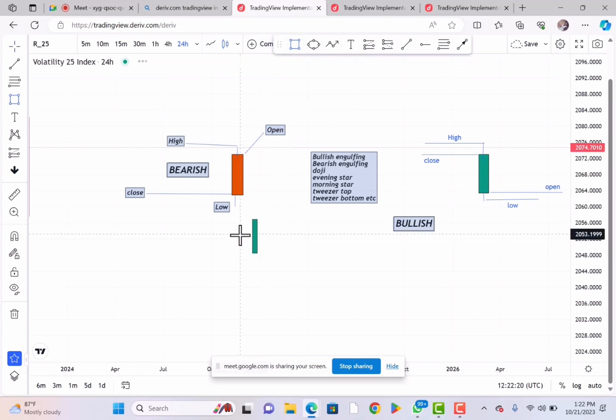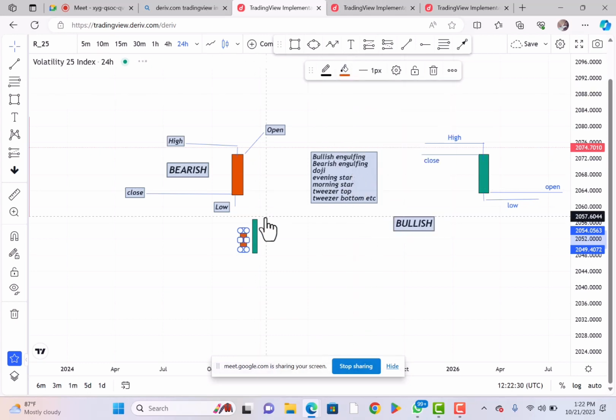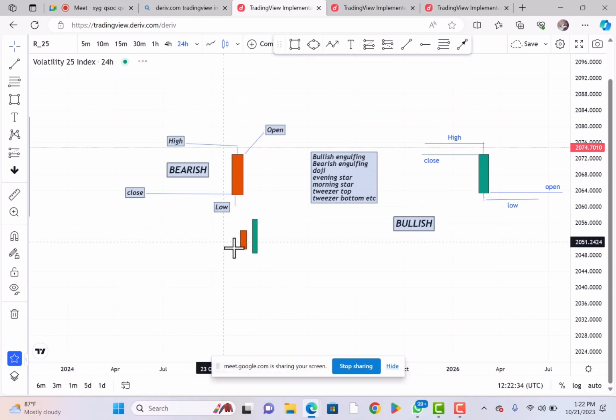Okay, this is how a bullish engulfing candle looks like. Like I said, there are two candlesticks. The first one is a bear candle, and the second one is a bullish candle. And the bullish candle completely engulfs the other candle.